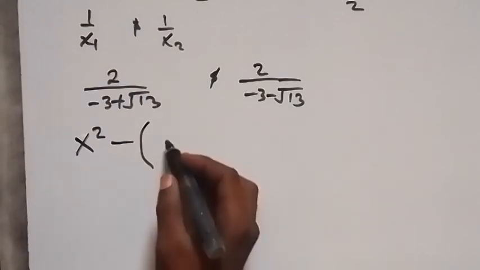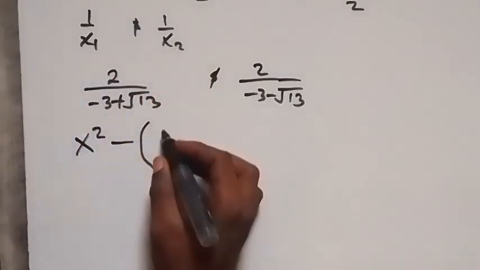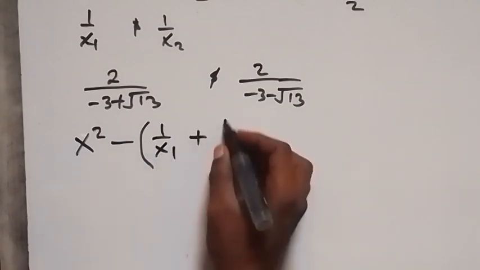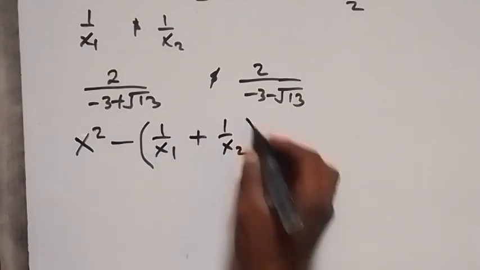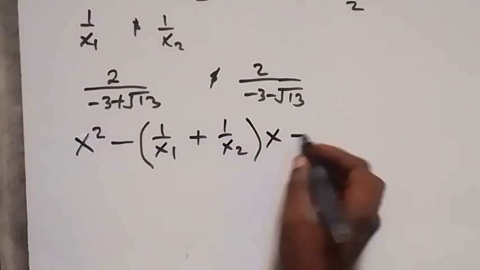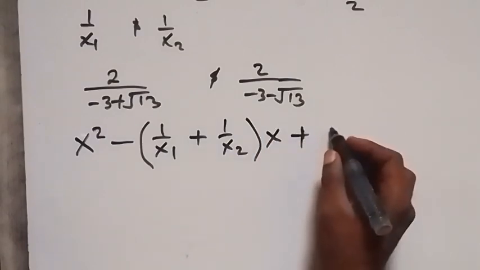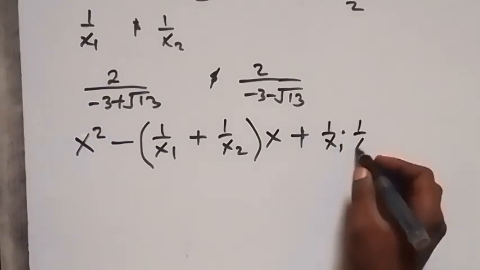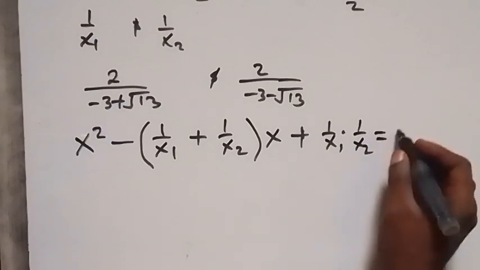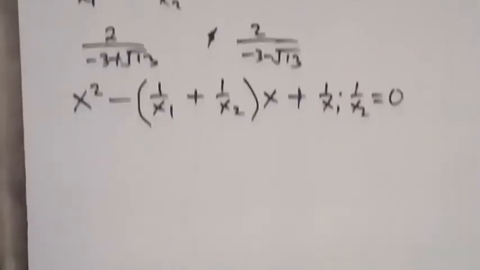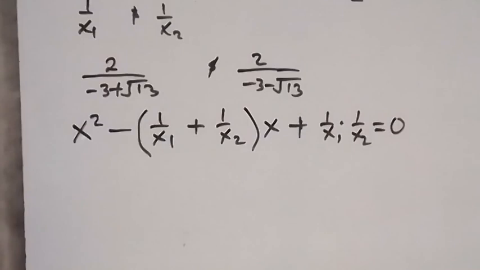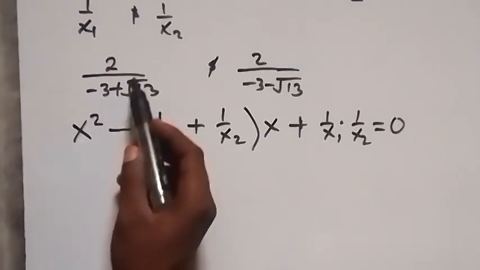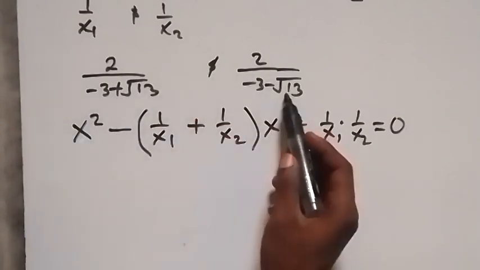And the sum of roots here, these are the roots, we have 1 over x1 plus 1 over x2, that's the sum of roots, then times x, then plus the product of roots, we have 1 over x1 times 1 over x2, then equals 0. So this is the general way of forming a quadratic equation, and we know our 1 over x1 to be this, and 1 over x2 to be this.